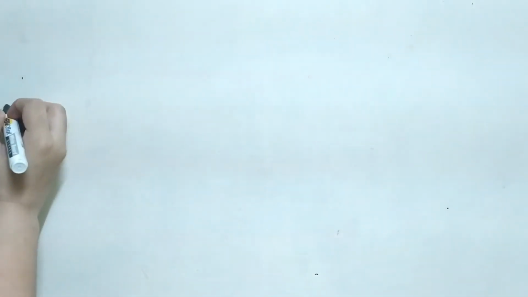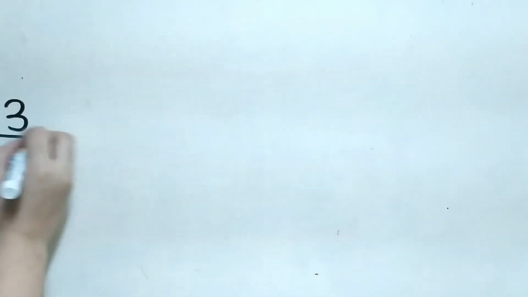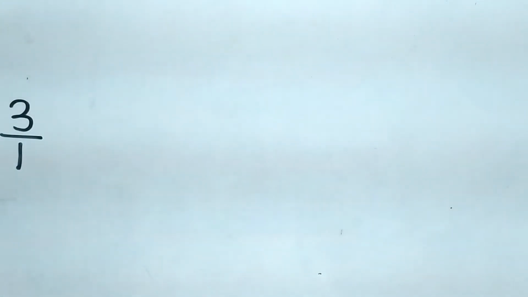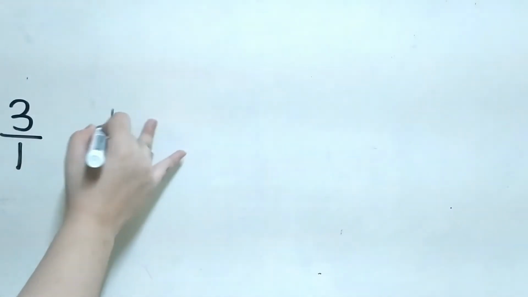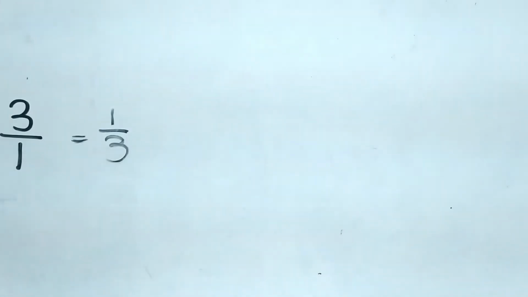So, for example, to get the reciprocal of 3/1, i-flip lang natin siya. So, the answer is 1/3. So, simply, kapag sinabi nating reciprocal, babalik na rin lang natin ang kanilang numerator at denominator.